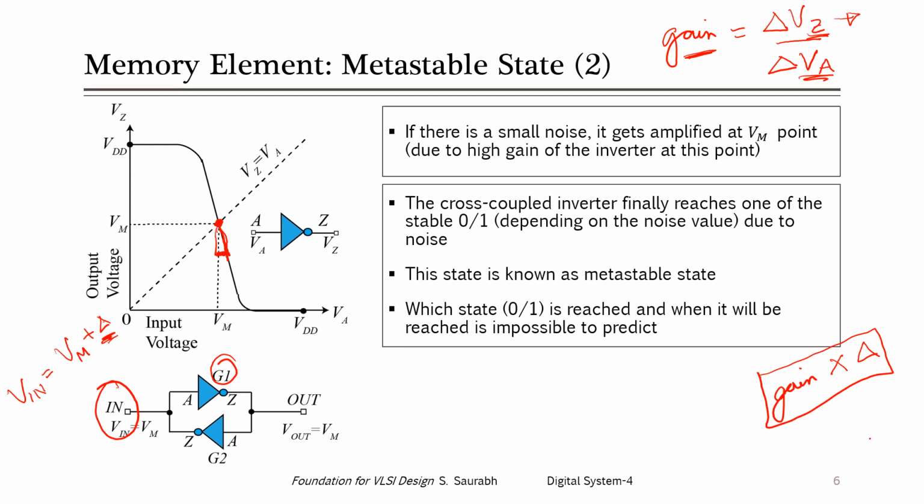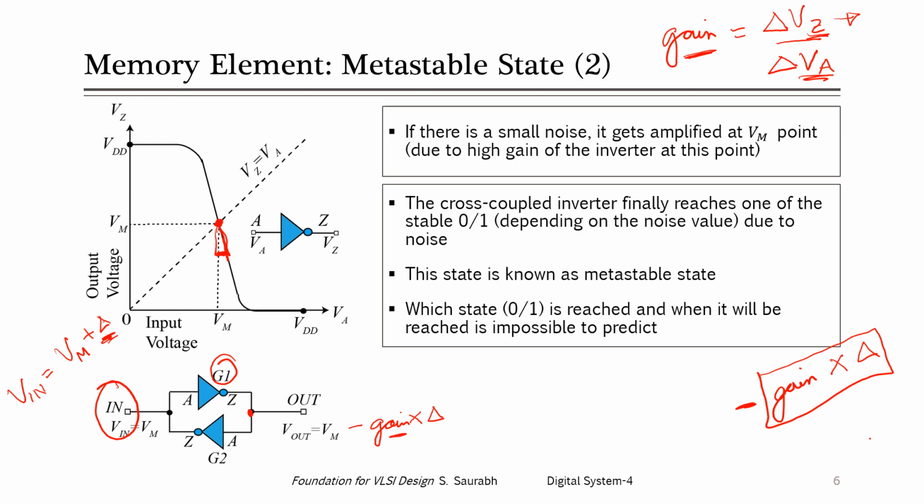So gain into delta, by that much amount the voltage will decrease at this point. So now the voltage at output will be Vm minus gain into delta. Now this gain is a large value, so V out will move very quickly towards 0.